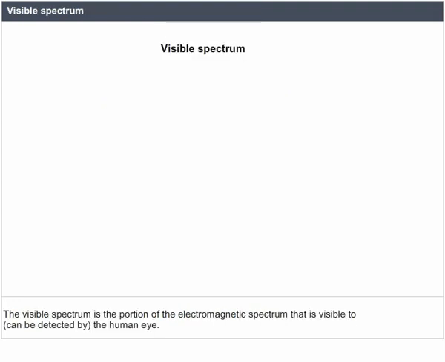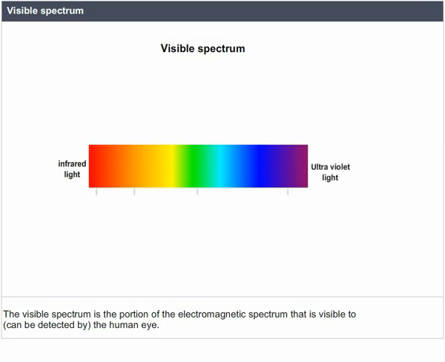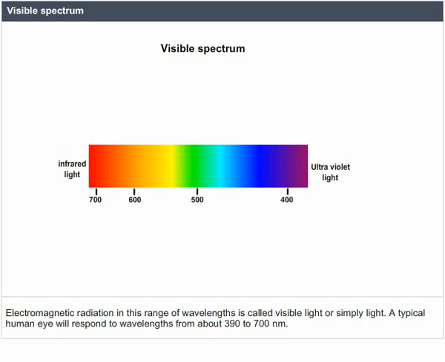Visible spectrum. The visible spectrum is a portion of the electromagnetic spectrum that is visible to, can be detected by, the human eye. Electromagnetic radiation in this range of wavelengths is called visible light or simply light. A typical human eye will respond to wavelengths from about 390 to 700 nanometers.